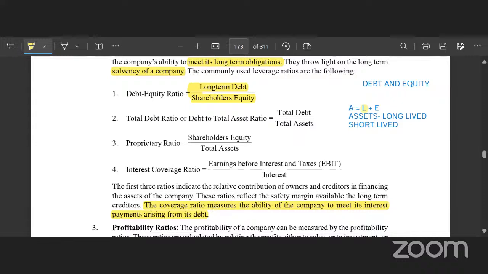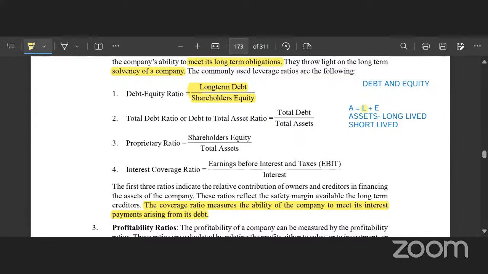When you raise equity, there is no obligation for you. If you are profitable, you pay the dividends. If you are not profitable, you don't pay the dividends. But when you raise capital in the form of debt, you will have an obligation to pay interest to the creditors at the agreed times, maybe yearly or semi-annually.